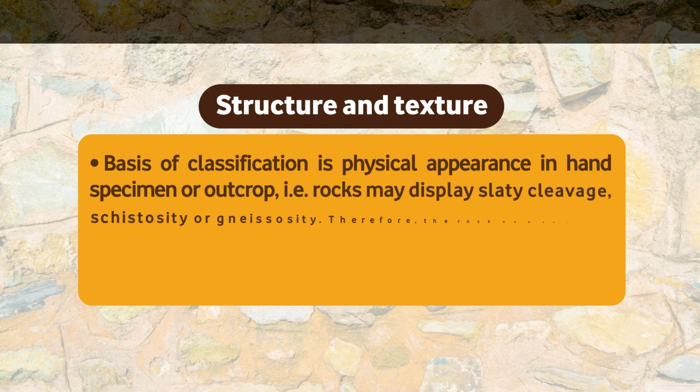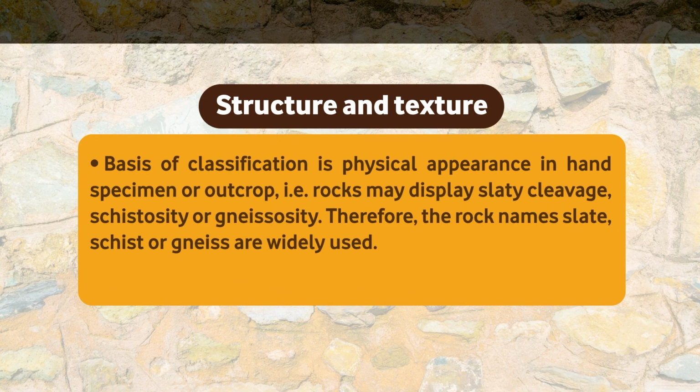The basis of classification in this category is the appearance of the rock in hand specimen or at outcrop scale. Rocks may be displaying slaty cleavage, then we call that a slate. If we have schistosity or gneissosity being developed in the rock, then we will call that rock either a schist or a gneiss. Therefore, the rock names usually used will be slate, schist and gneiss, which we commonly come across in the metamorphic literature.